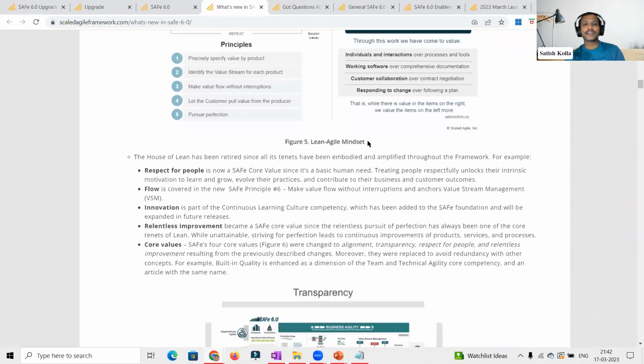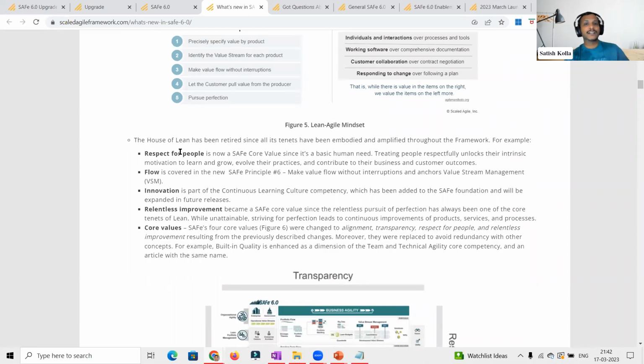So what happened to the House of Lean? Only the House of Lean is removed or retired, but not the concepts of the House of Lean. Respect for people and culture became a new core value. In the same way, flow was refined into principle number 6. Innovation is already there as part of the continuous learning culture.